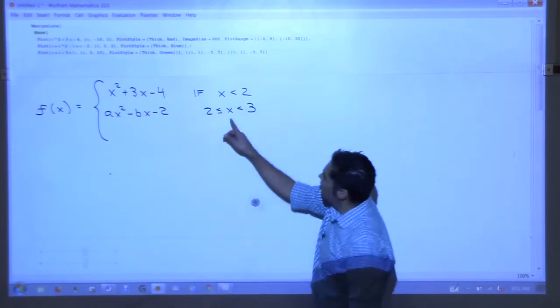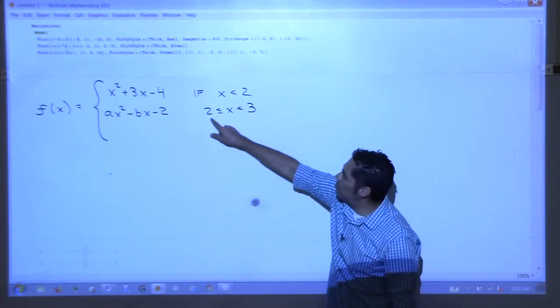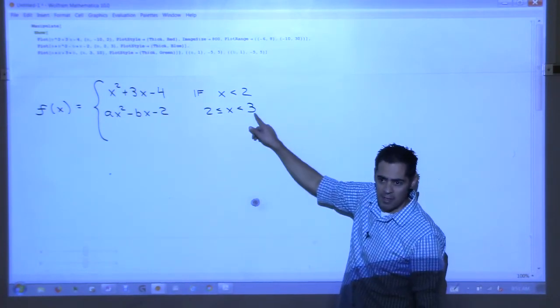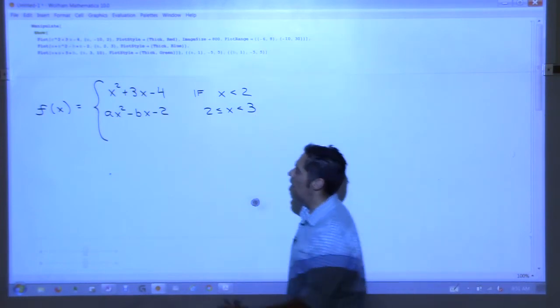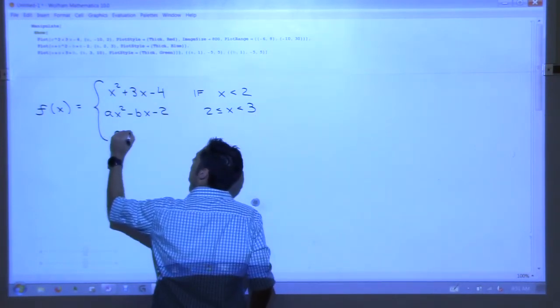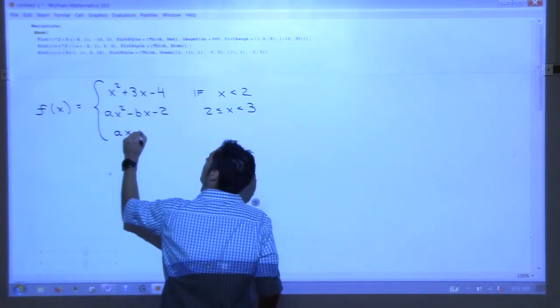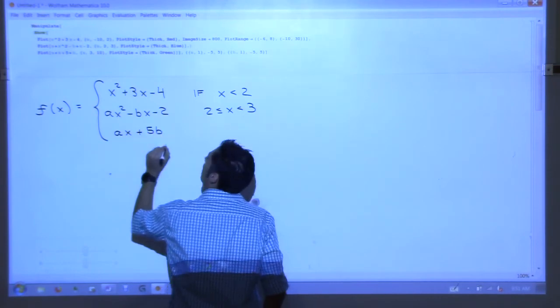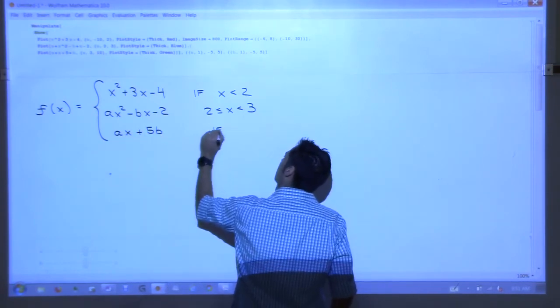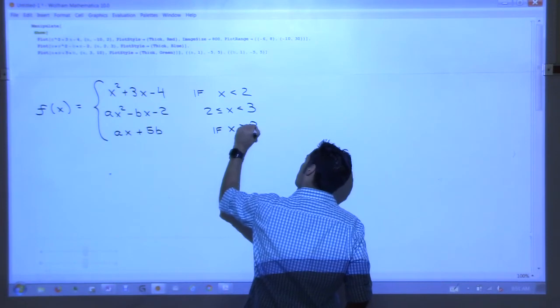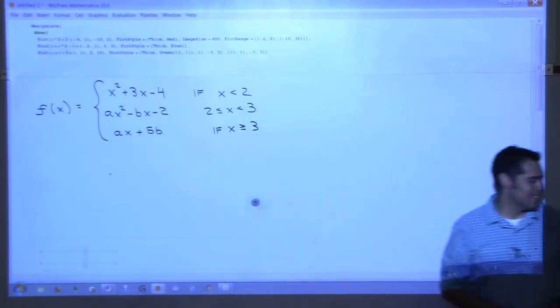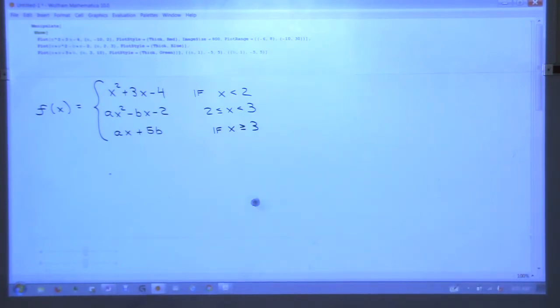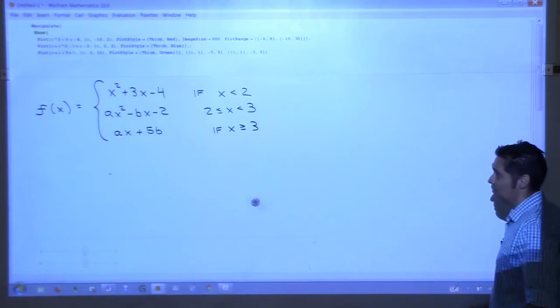And notice I put x is bigger than or equal to 2 or strictly less than 3. And then finally, it's ax plus 5b if x is greater than or equal to 3. Okay. There we go. This is fun.